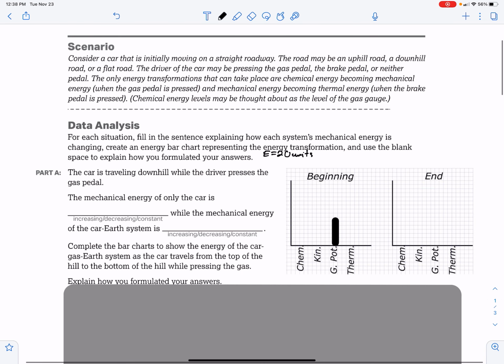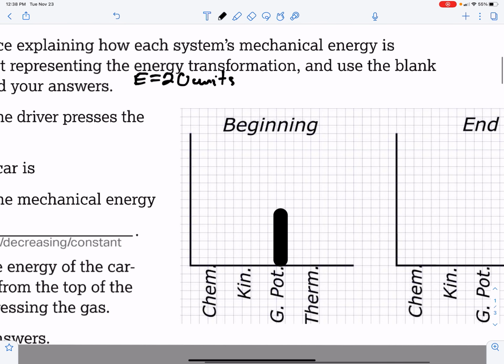Well, if I'm speeding up because I'm pressing the gas pedal, that means I also have gas in the tank, which means I have a remaining 13 units of chemical potential energy, which will be about up to here, roughly. Okay, and so you can see the two energies right now total up to 20 units of total energy.